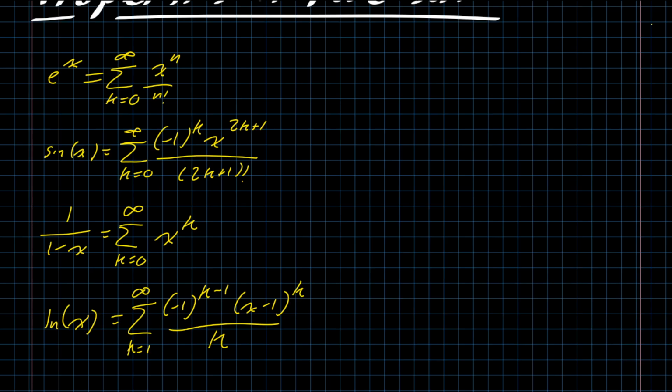Let me get my head out of the way, and the first thing that I want to mention is just that we can use these directly in order to derive new power series for transformations on our functions. So for example, if I have e to the 2x minus 3, well, all I've done is take this first series and replace x with 2x minus 3.